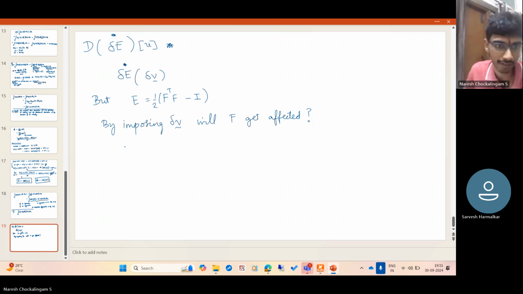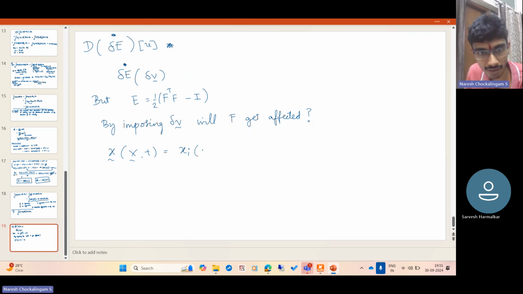So we have to see that. By imposing the velocity field, what happens? The deformation map x of x comma t, so this is nothing but say xi of x1, x2, x3, t. So when I say I'm imposing this del v, what it means is I'm going to add a del v del t to this.